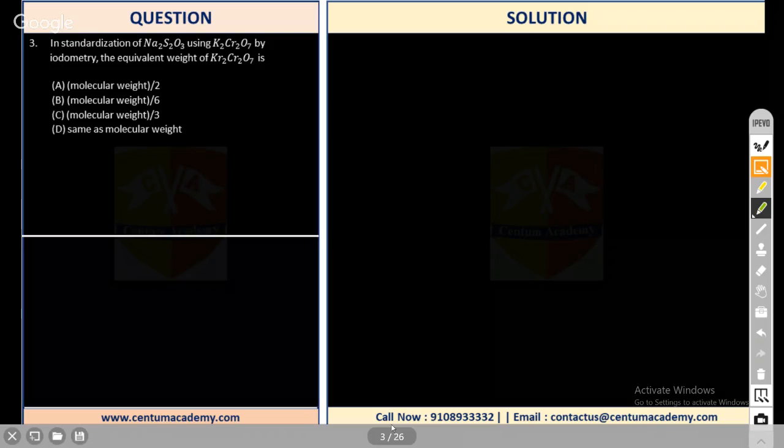Okay, so in this question, how does the reaction of K2Cr2O7 take place? In iodometry, we know this reaction takes place in acidic medium.